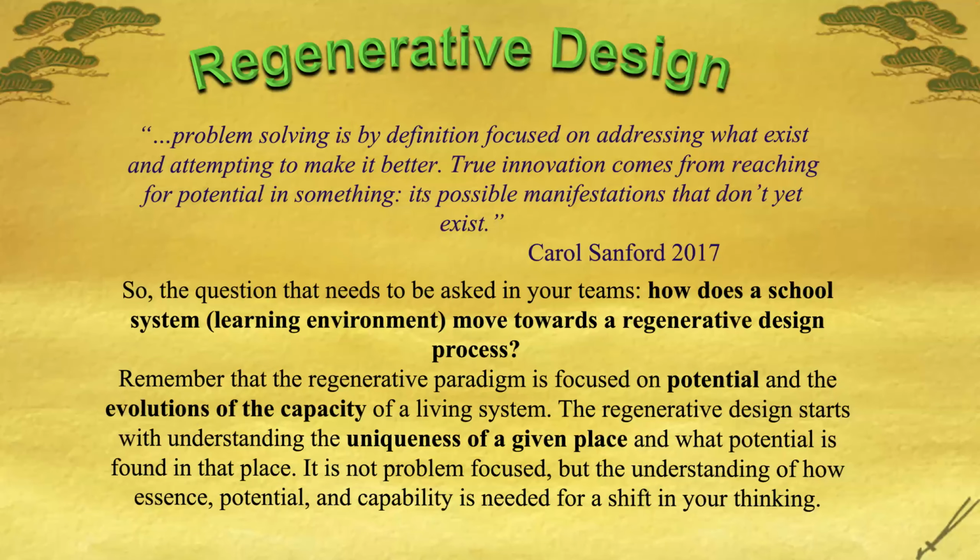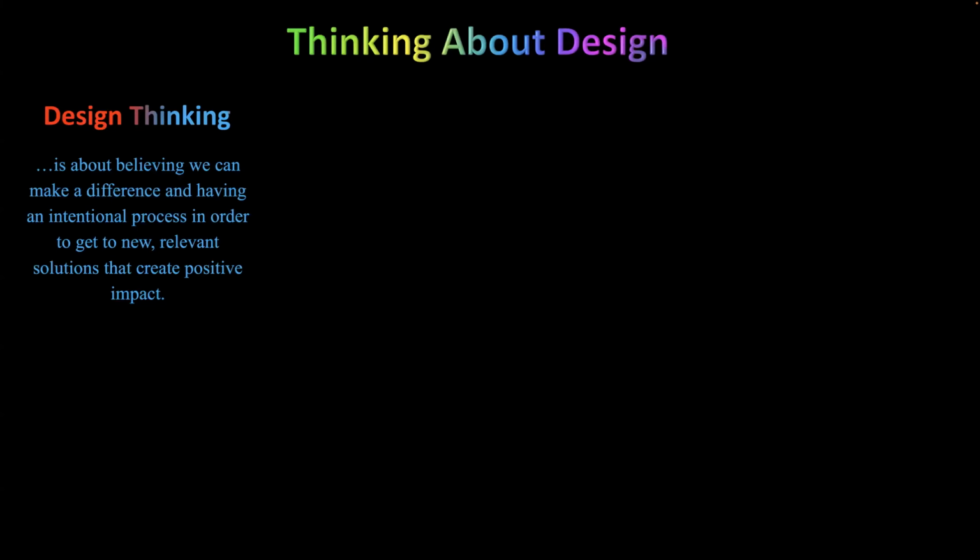And so when you're thinking about design from this point of view, utilizing these two, the design thinking process basically is about believing that we can make a difference and having intentional processes to allow for relevant solutions to create a positive impact on an issue or a problem that you're looking at.